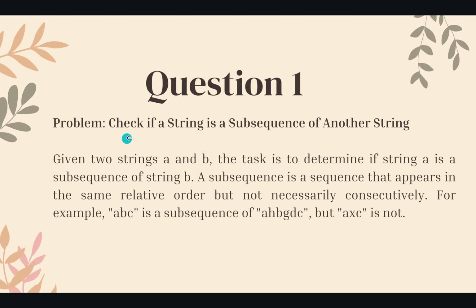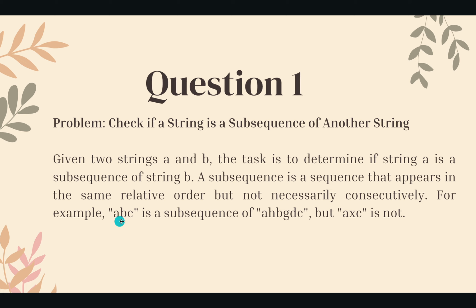The first question is to check if a string is a subsequence of another string. Given two strings A and B, the task is to determine if string A is a subsequence of string B. A subsequence is a sequence that appears in the same relative order, not necessarily consecutively.